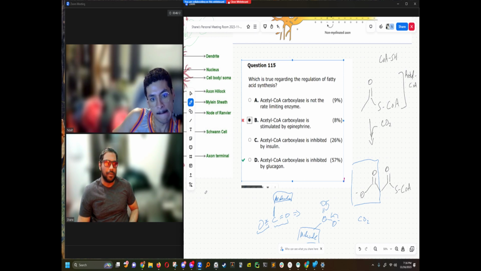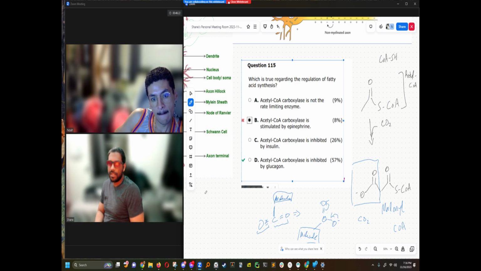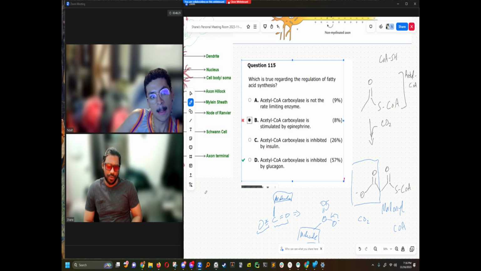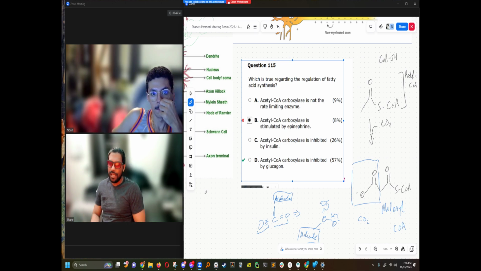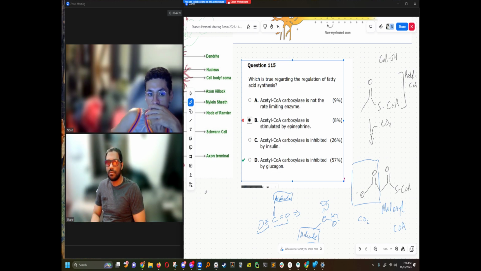And the name of this molecule is malonyl CoA. Let's think about which of these choices could work, because they're asking what's true in the regulation of fatty acid synthesis. If you're making fatty acids, you're essentially trying to produce a high energy type of molecule.